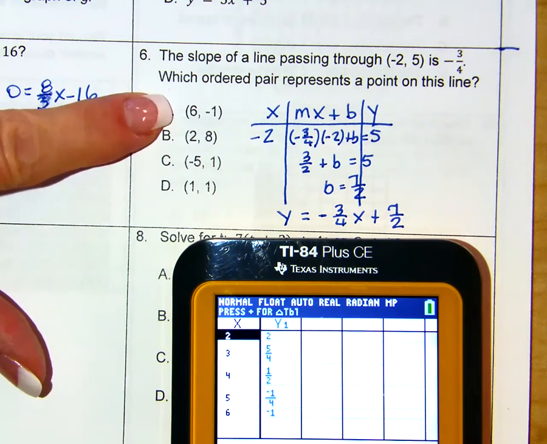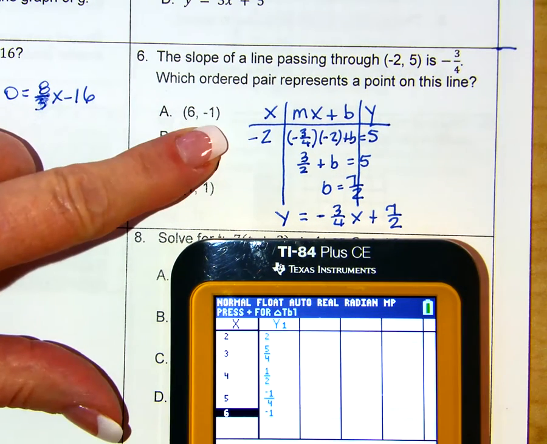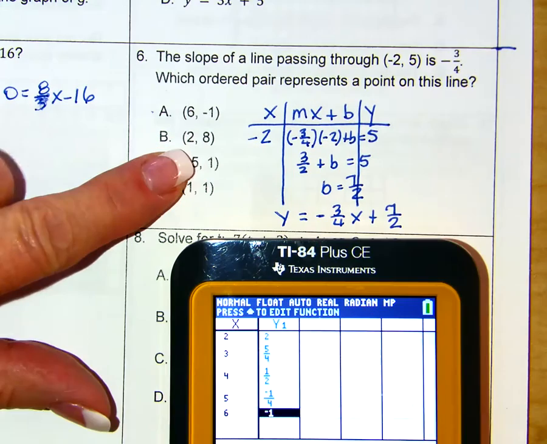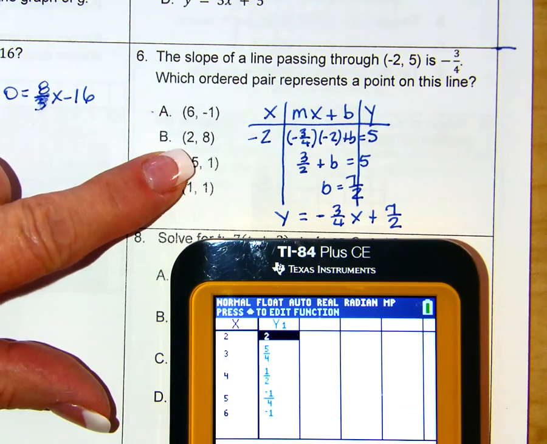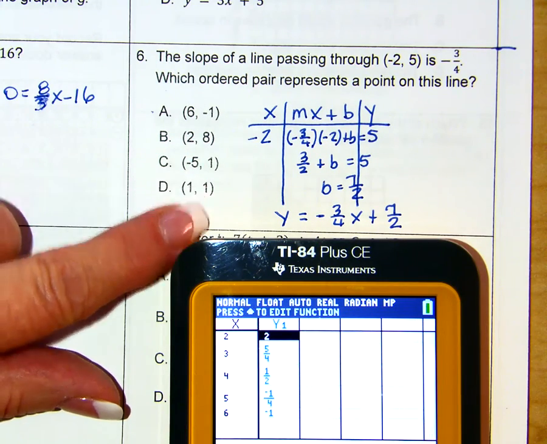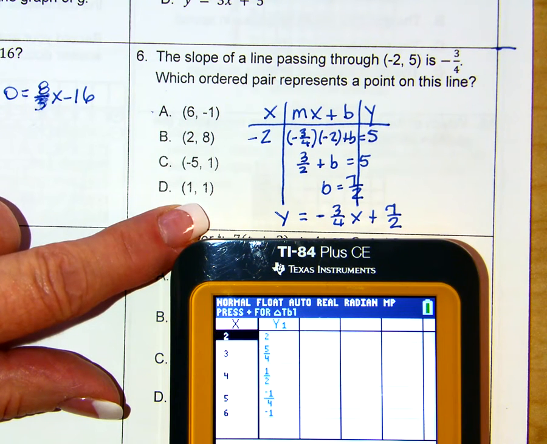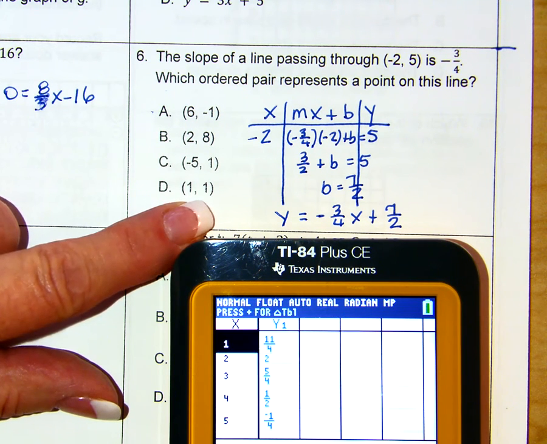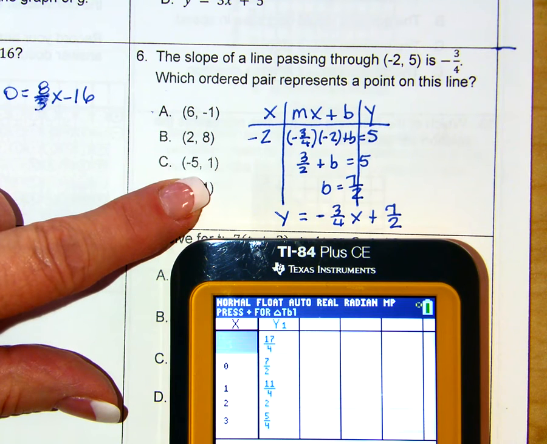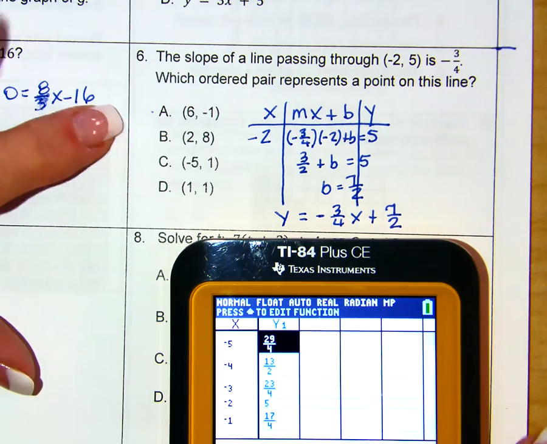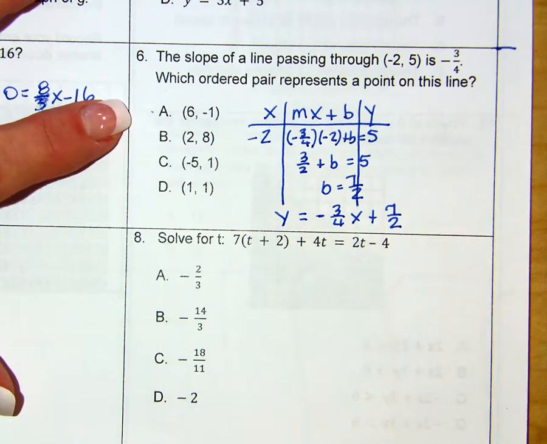So here I need to look at 6. 6, negative 1 is in that table. And here I'll show you where 2 does not give us an 8. Whoops. 1 does not give us a 1. And negative 5 also does not give us a 1. So our answer on this one is A.